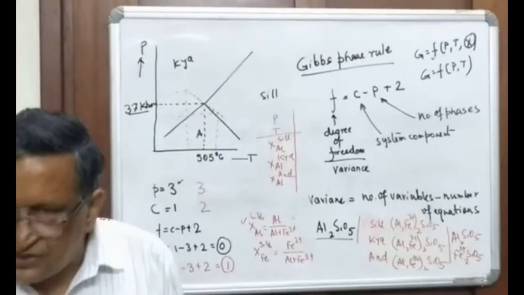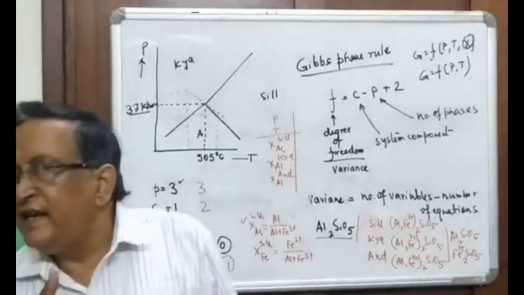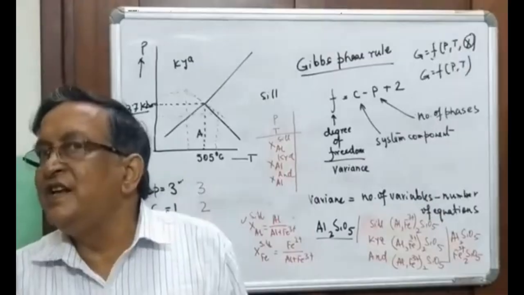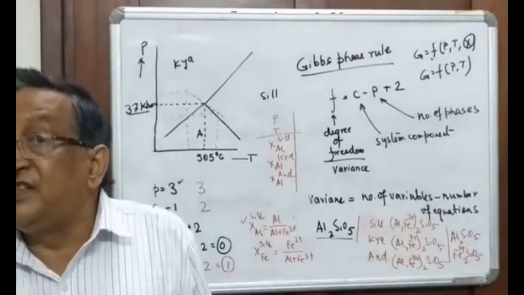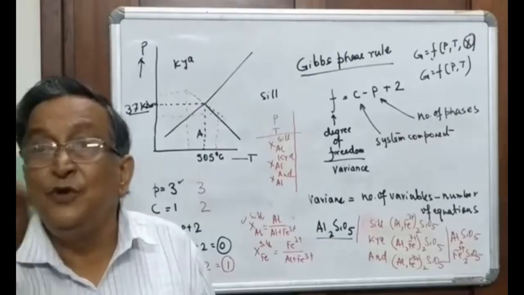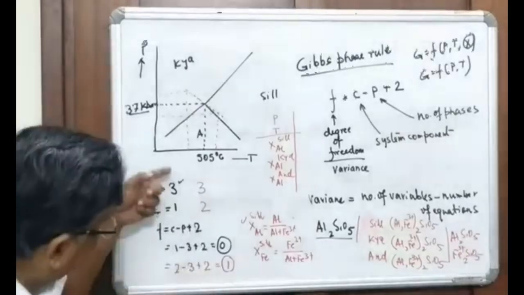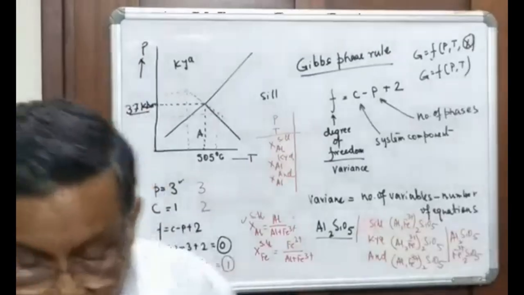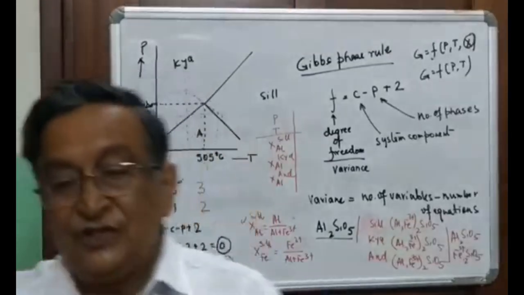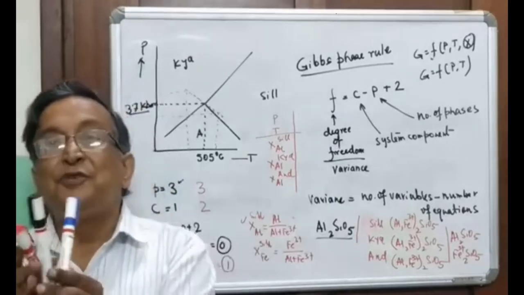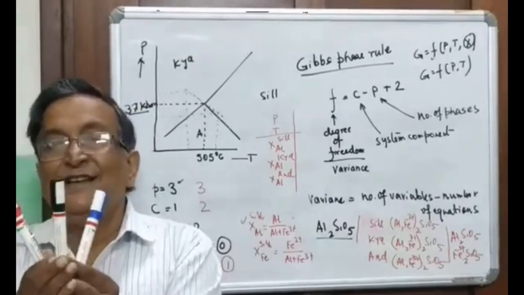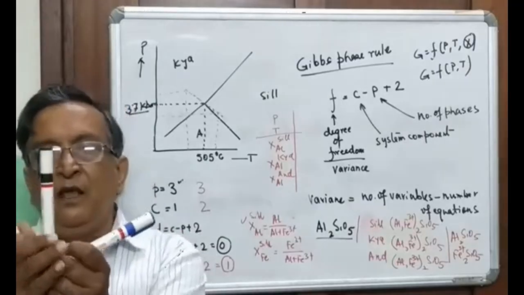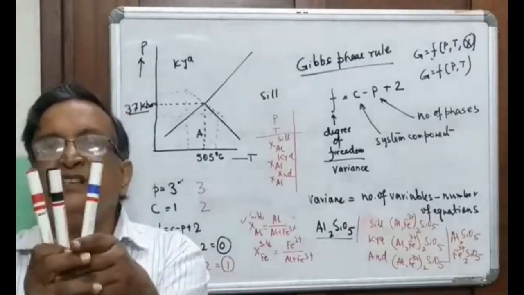If your teacher had asked, what is the variance of coexisting sillimanite, kyanite and andalusite in the Al2SiO5 system, he has told you the system, and then this black pen works. But if he has not, then I have many pens and I don't know which to use. You can ask me, what is the blue pen? We know what is your black pen. We know what is your red pen. What is this blue pen?